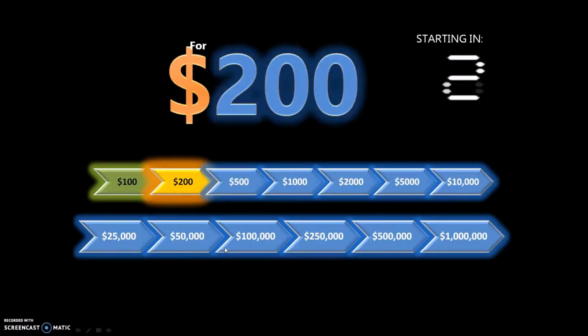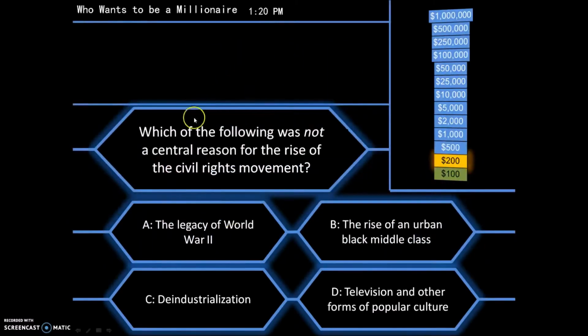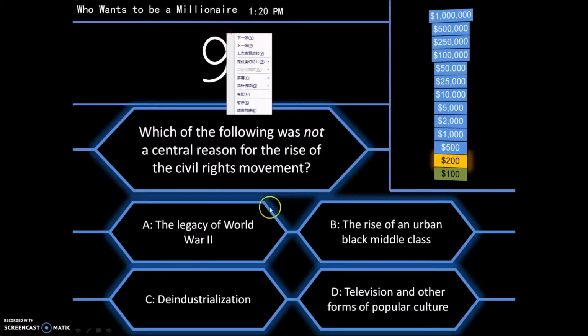Let's look at the next question. You guys are ready? Which of the following was not a central reason for the rise of the civil rights movement? A. The legacy of World War II. Definitely yes, that's one of the reasons why we had a civil rights movement after World War II. Okay, so they tried to end racism abroad and they were successful on that.